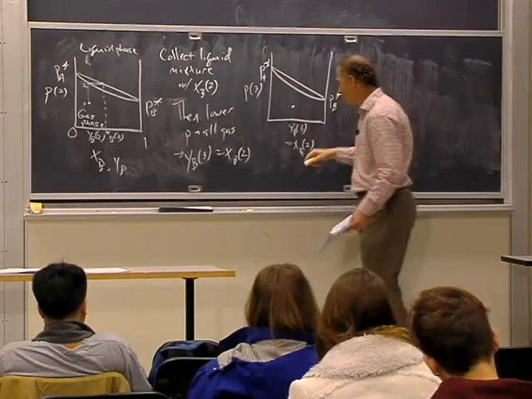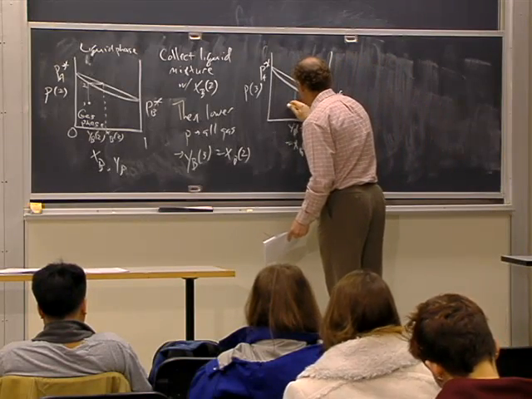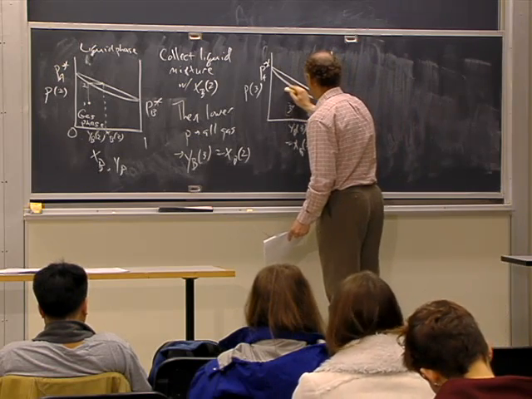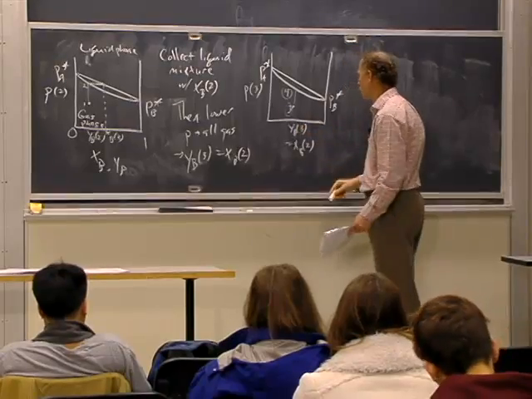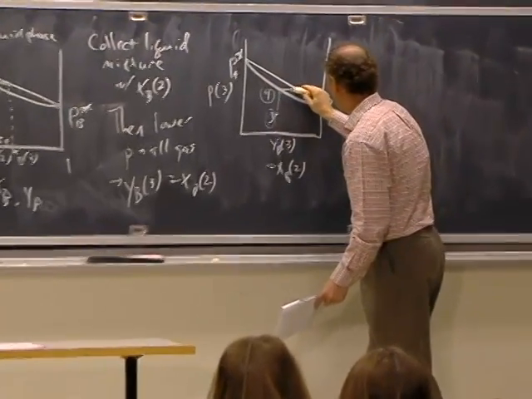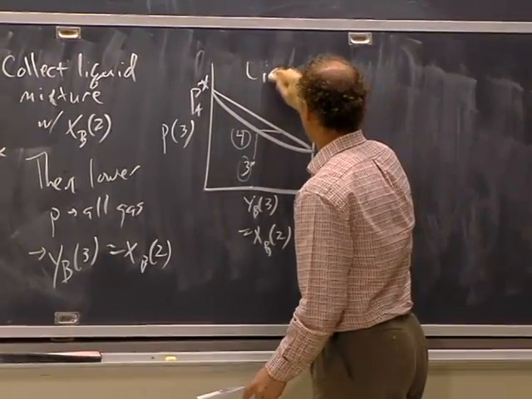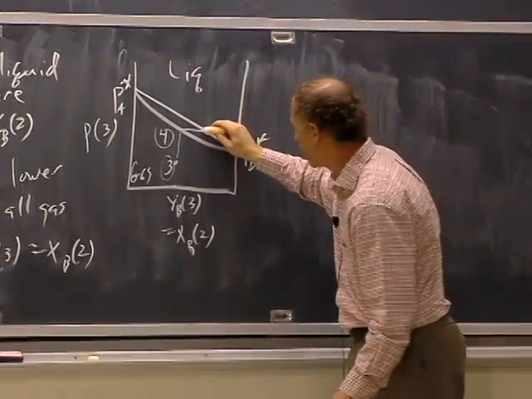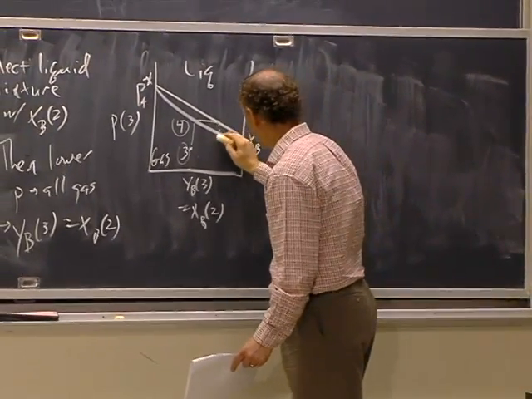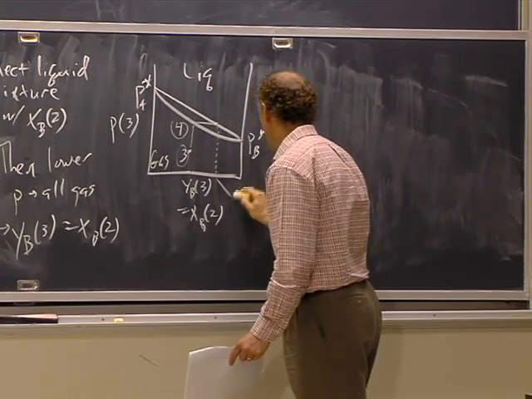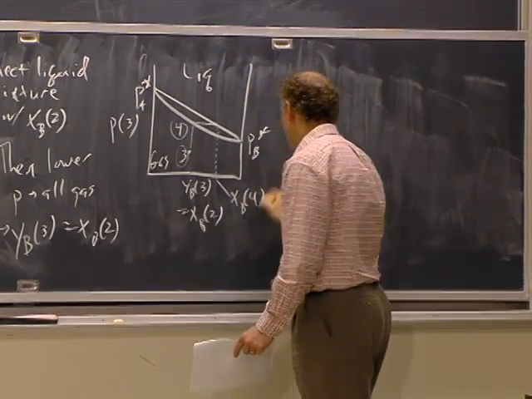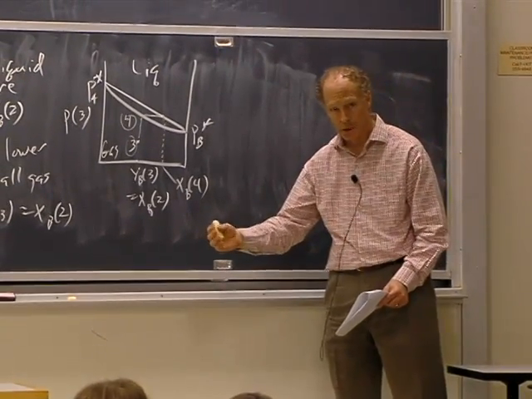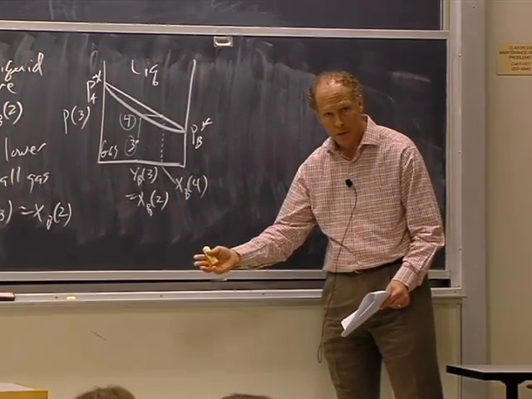Great. Now let's increase. So here's 3. And now let's increase the pressure to 4. And of course, what happens? Now we've got coexistence. So here's liquid. Here's gas. So now we're over here again. At pressure 4, it's purer still in component B, right?